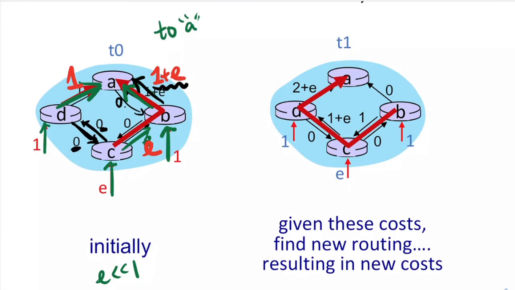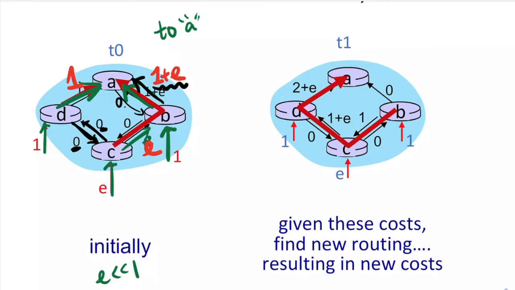Okay, so at the next time T1, we calculate our routing algorithm using the congestion level, which is defined by how much traffic is on the link. The cost on a unidirectional link is defined as the amount of traffic on this link.